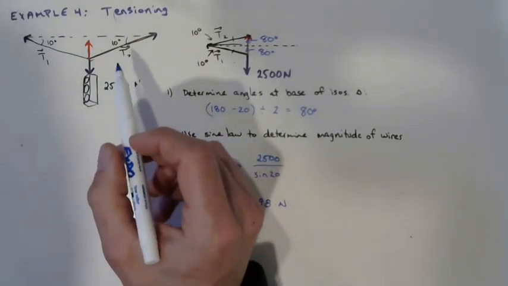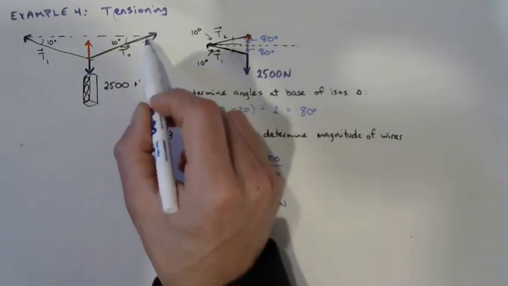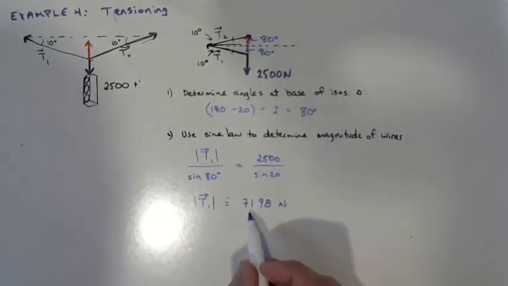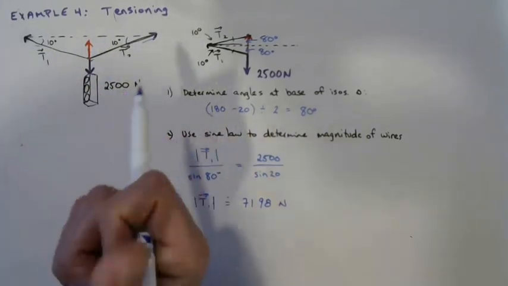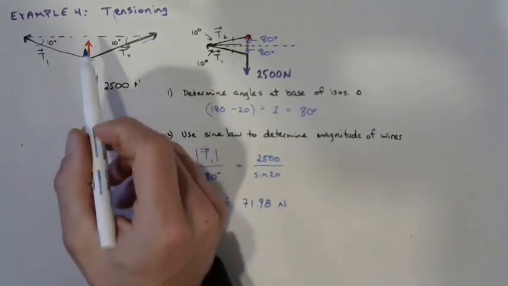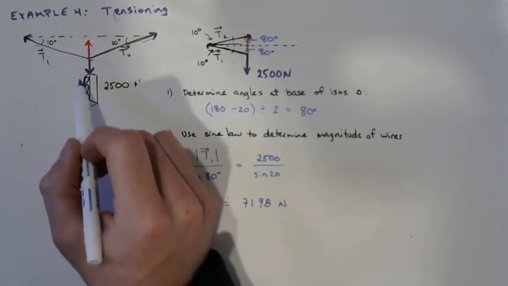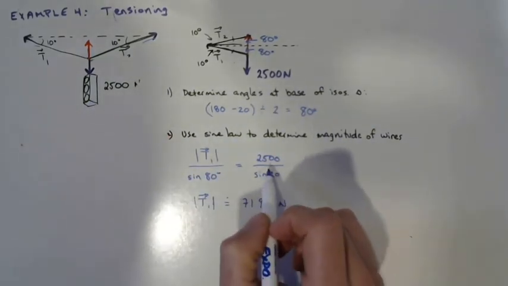That means that this wire, the length of which represents its magnitude, is 7,200 newtons, and this guy is also 7,200 newtons. Because they're both pulling out so much, the upward force that's balancing out the weight of the traffic light ends up being 2,500 newtons.